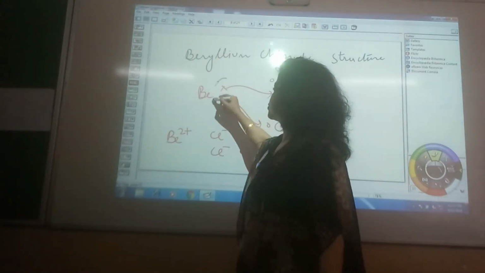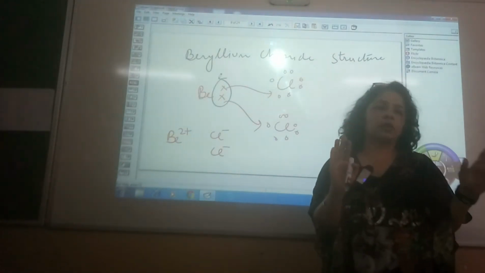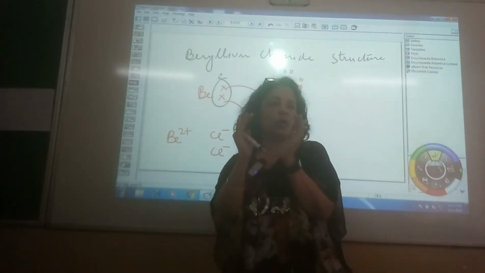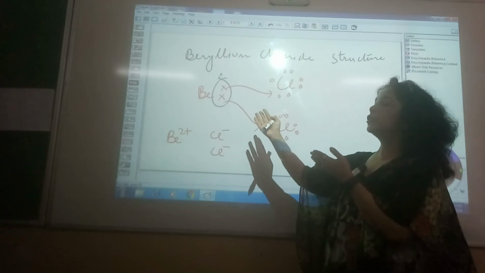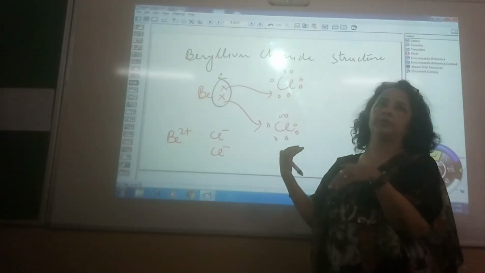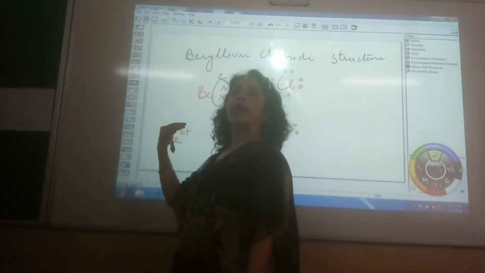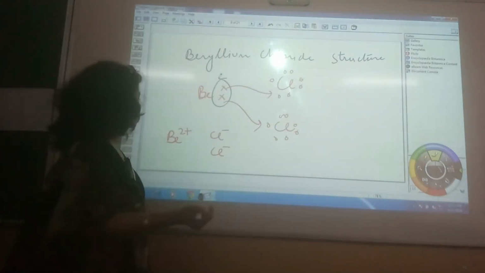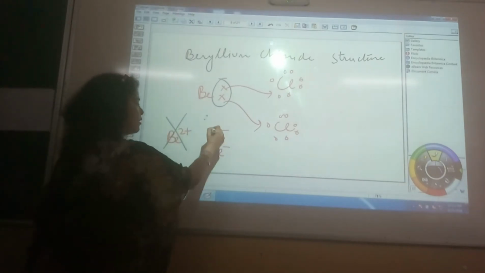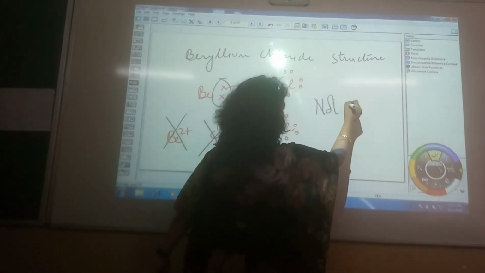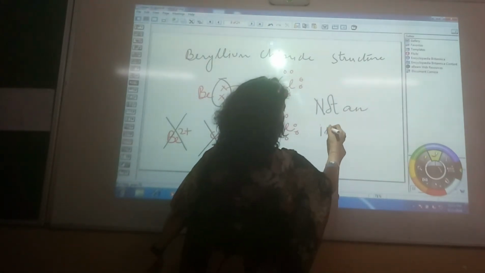Why so? Because removing these 2 electrons is very tough. Why is it tough? Because the size of beryllium is very small. Since the size is very small, the removal of electron is going to be very difficult. And if the removal of electron is very difficult, the amount of energy required to remove is going to be very high. So it would not easily lose the electron. So this is never formed. It is not an ionic compound.